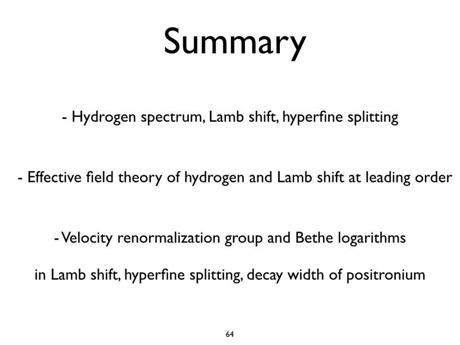And within the Velocity Renormalization Group, we have seen the way to obtain the leading logarithmic contributions at a given order to hyperfine splitting and also to the Lamb shift. We have reproduced the beta logarithm.